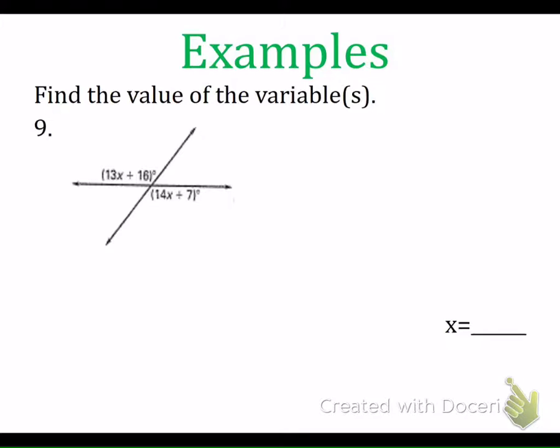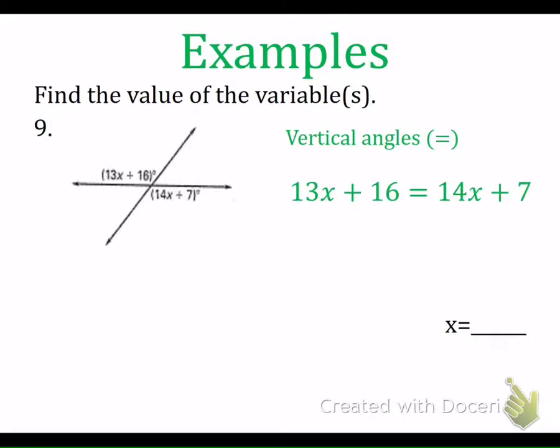Number 9. What type of angles are we looking at here? These are also vertical angles, and vertical angles are congruent. So when I write my equation, I'm just going to have one expression equals the other. So 13x plus 16, that's this angle over here, equals this angle over here.